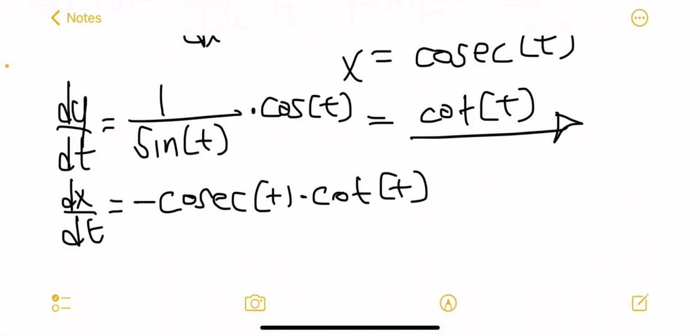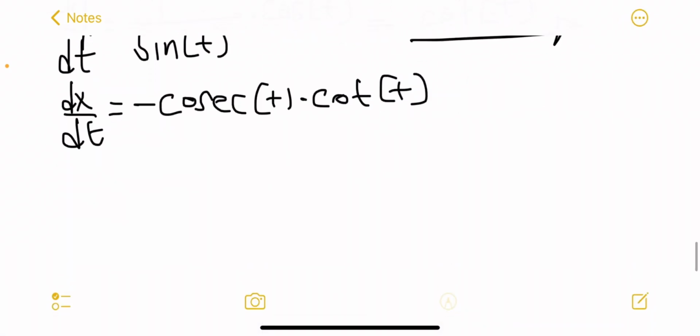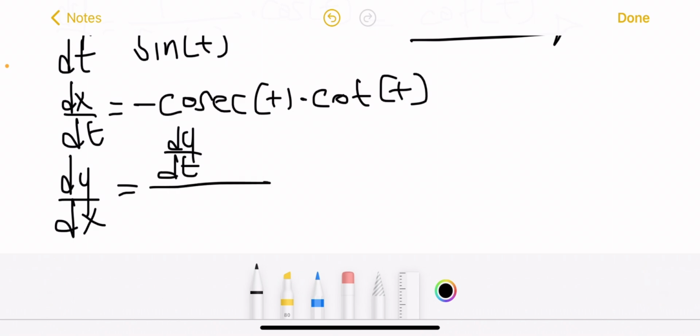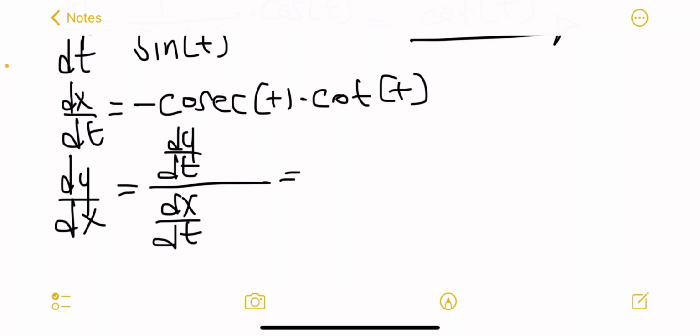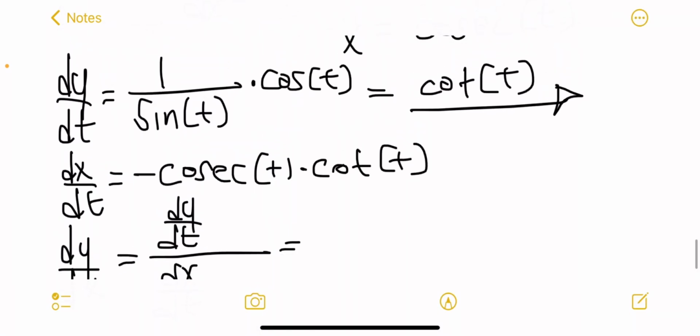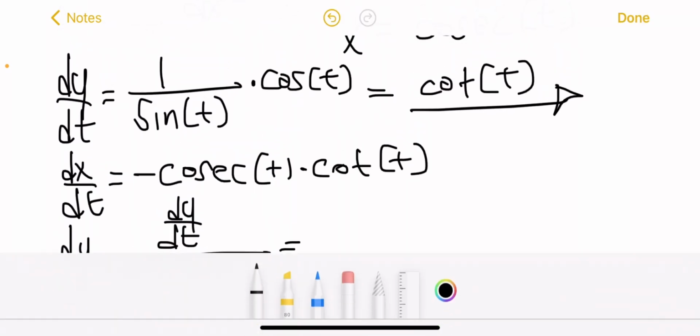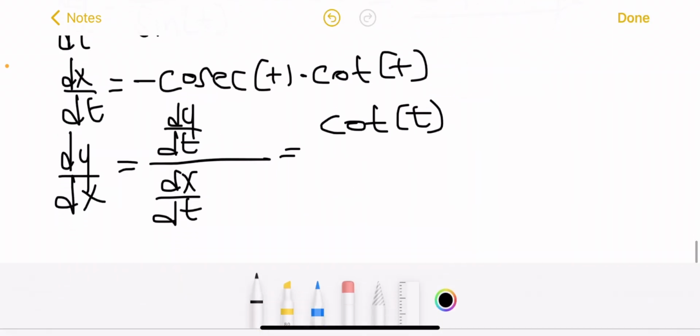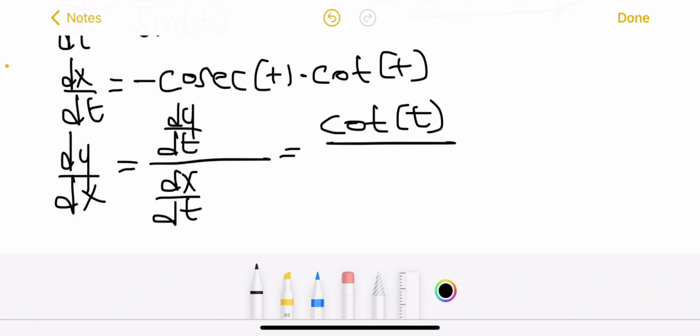So what will be our dy over dx? You know, dy over dx is equal to dy over dt over dx over dt. And then dy over dt is equal to what? It's equal to cot of t, over what is dx over dt?